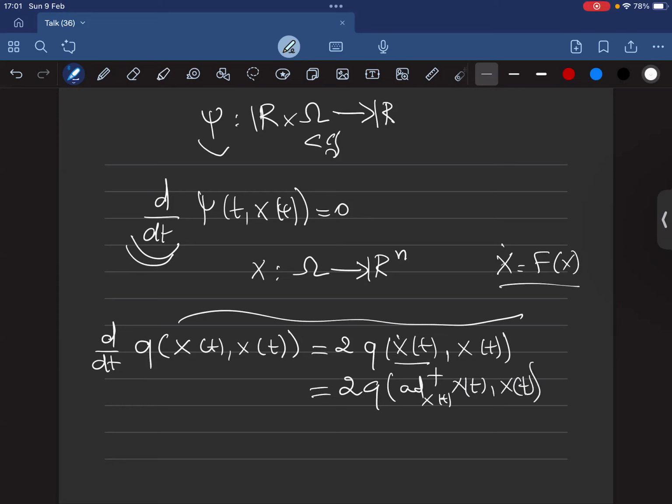And by definition of the formal adjoints, this is equal to Q(x(t), ad_x(t) x(t)). We can remove this dagger if we move to the other side. Okay, this is by definition.